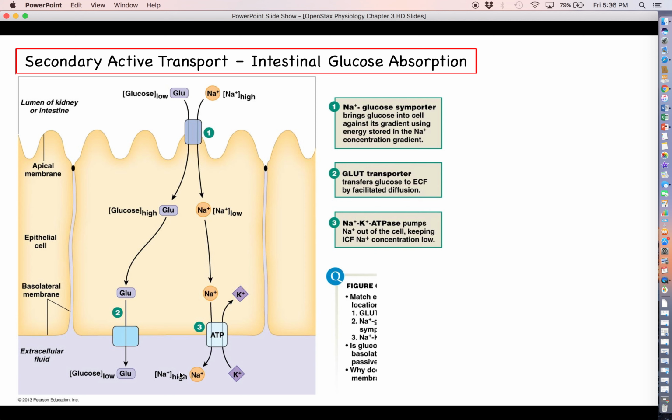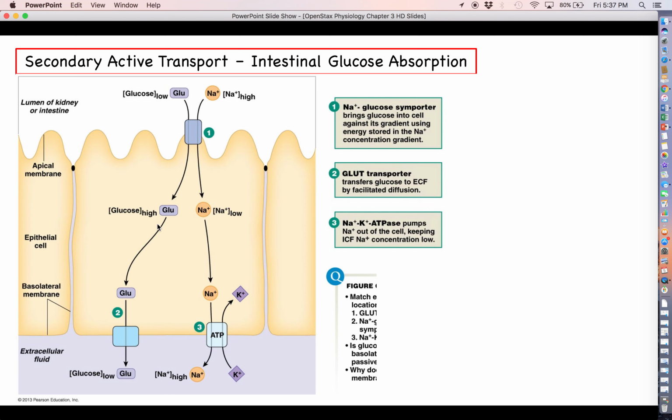So if we are going to, say, absorb something like glucose, we need that glucose to pass through 2 different plasma membranes. We want it to pass through this top side, which is called the apical membrane of this cell. We want it to go across the apical membrane to get inside this intestinal cell.